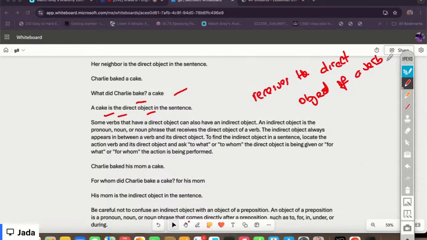The indirect object always appears in between a verb and its direct object. So whenever you have an indirect object, it appears between the verb and its direct object.